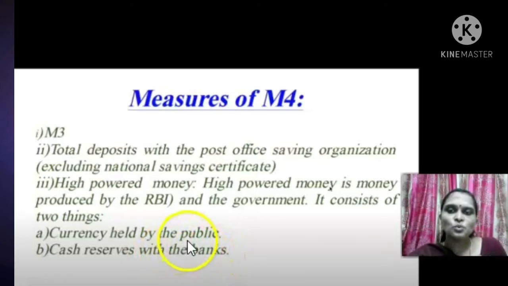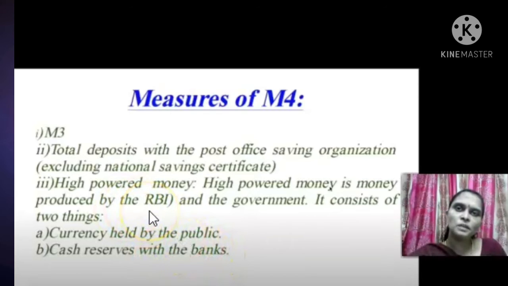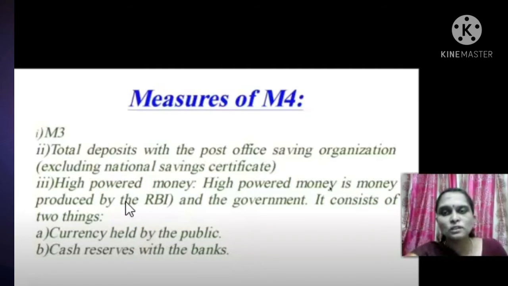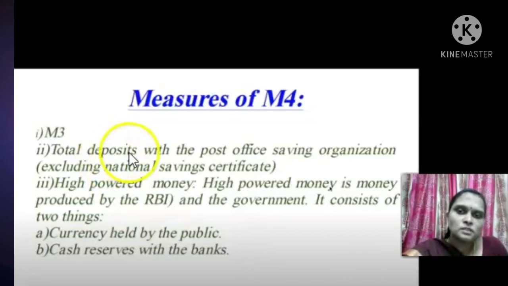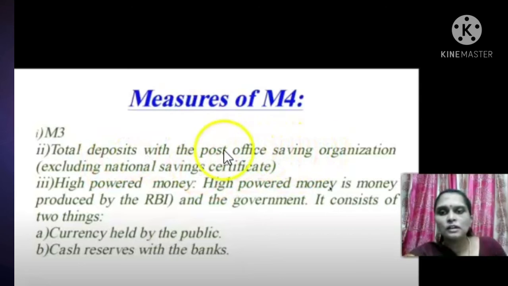So high powered money means how much amount RBI has released; it may have a certain calculation. M4 is also known as the broader concept. So it includes M3, total deposits with the post office savings organization, and high powered money.